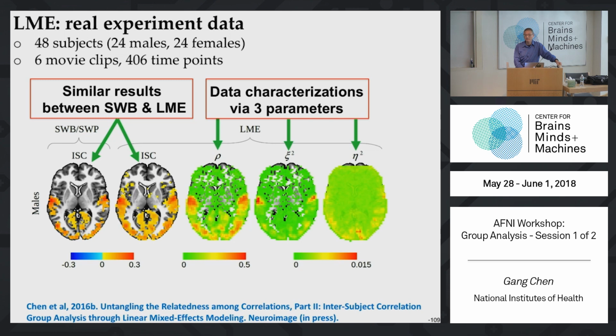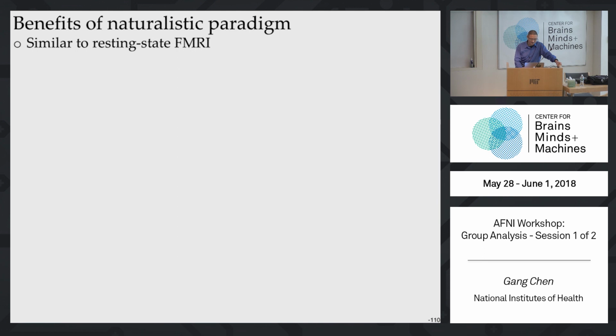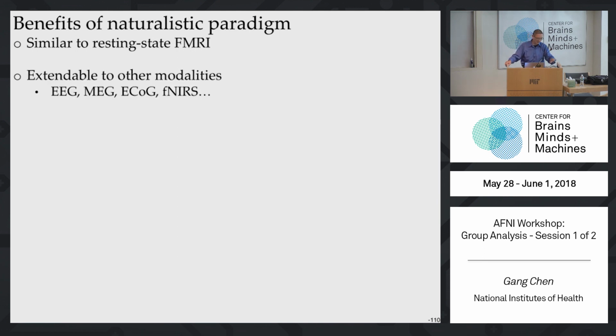Even though they claim the non-parametric approach is great in terms of controlling false positive rate, in terms of modeling it's much less flexible and less adaptive. I think that's pretty much what I want to talk about for inter-subject correlation.